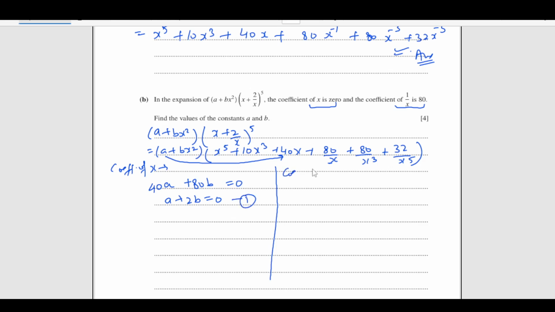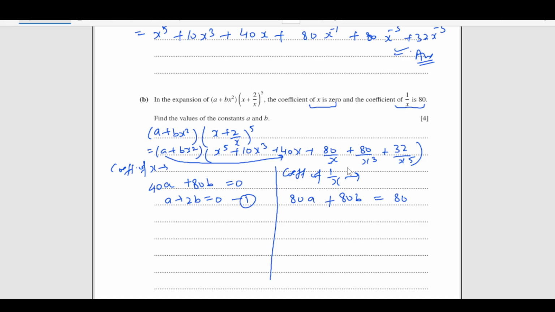Then next we are given the coefficient of 1 over x. When you multiply a with 80 over x, it is going to be 80a. Then plus when you multiply bx² with 80 over x cubed, this is again going to be 80b, and this is given to us as 80.